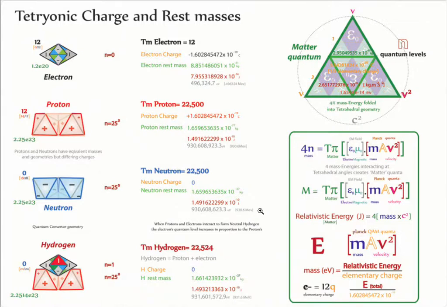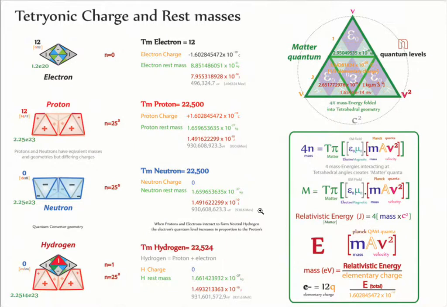In the case of electrons, it's a negative 12. Protons with 36 charge fascia compared to the 12 of the electron have a positive 12 charge because of the makeup of positive and negative charges within their geometries. And neutrons have a neutral charge resulting from the 36 charge fascia.